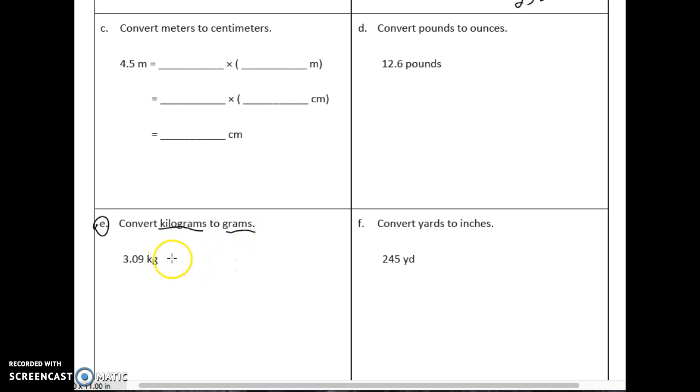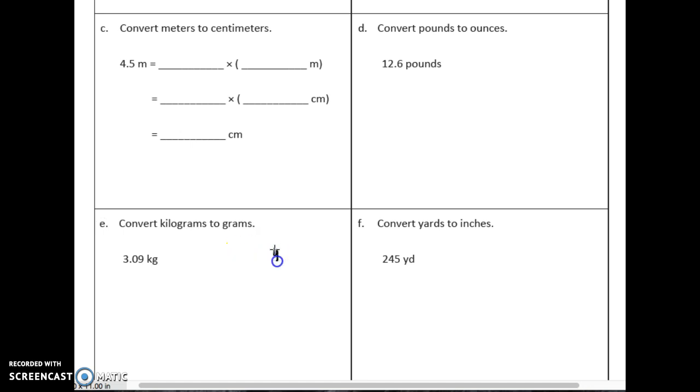And so if we have 3.09 kilograms, there's that many sets, and it's equal to how many, if this is our set, times how many grams.